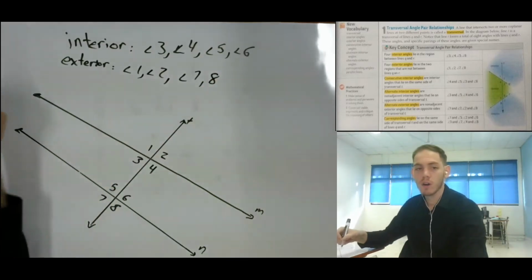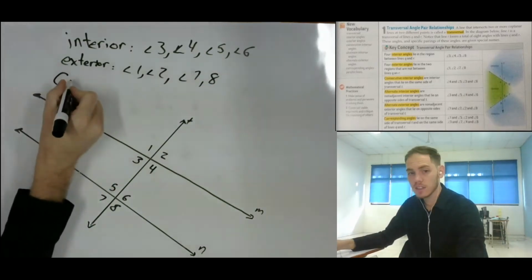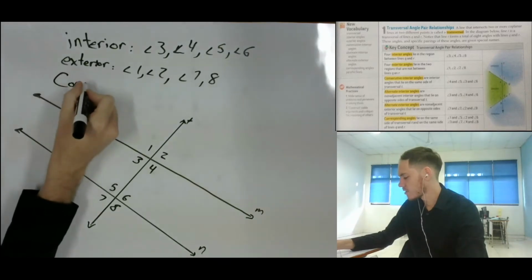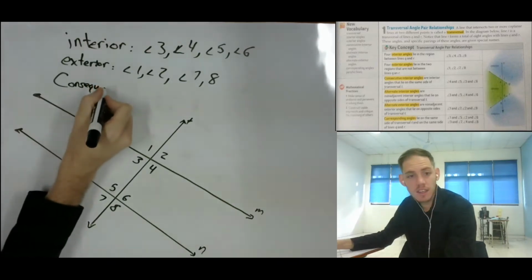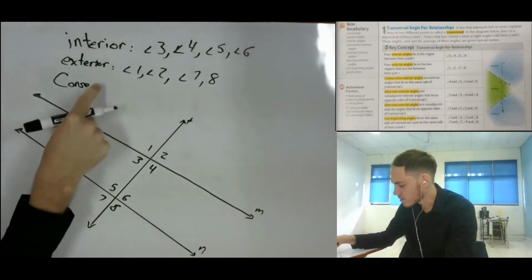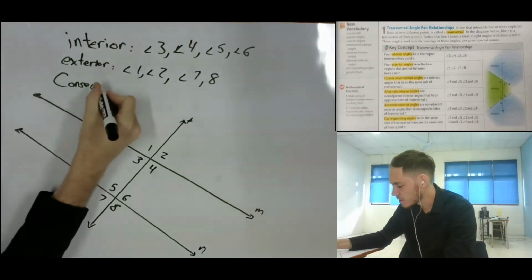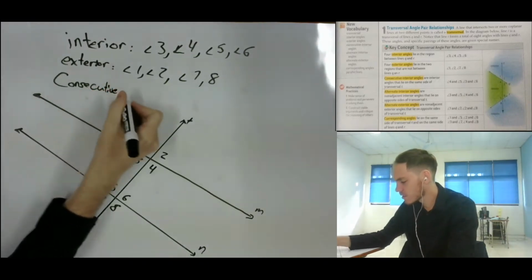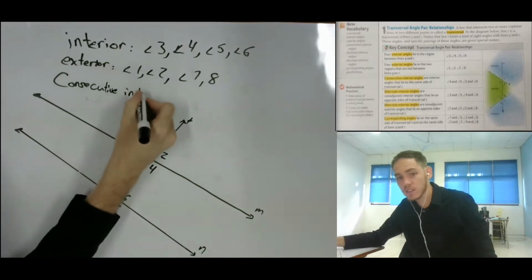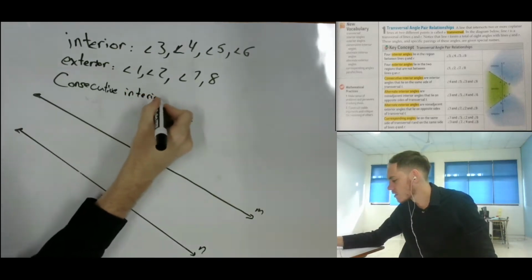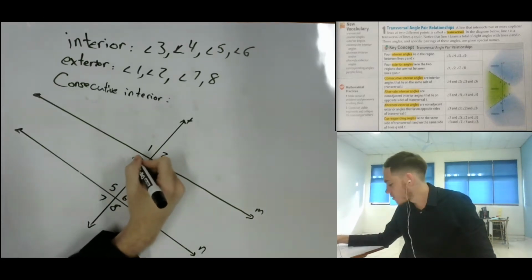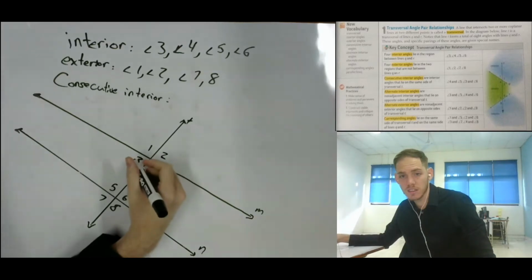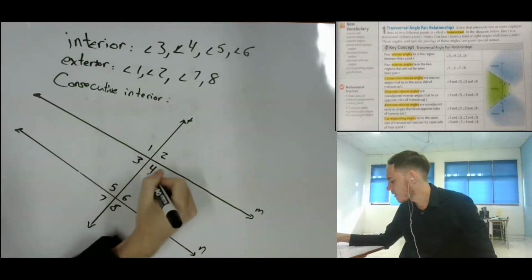What about consecutive interior angles? English is definitely not necessarily easy. Consecutive interior angles are going to be a set of pairs. So consecutive interior are going to be 3 and 5 here, and 4 and 6.